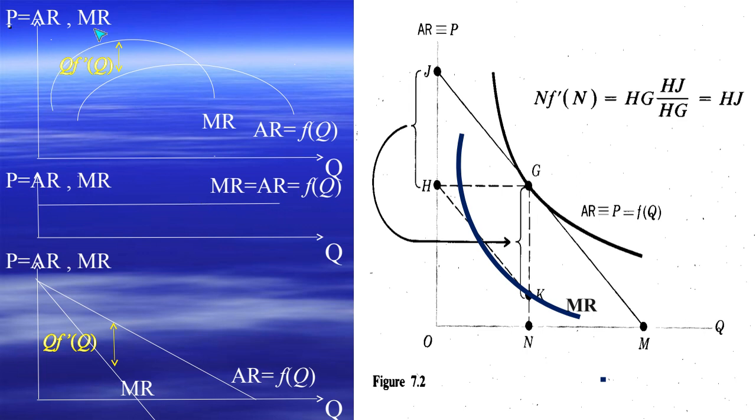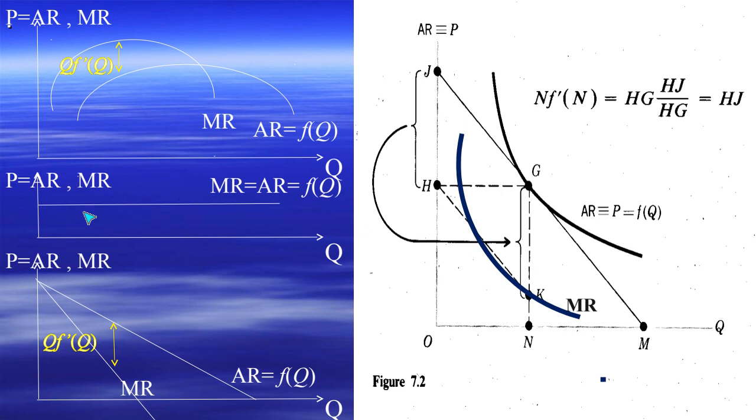And when the marginal is above the average, as we see here, it just augments the average. It just adds to the average. So the lowermost example is the example of imperfect competition, of a monopolistic competition case.